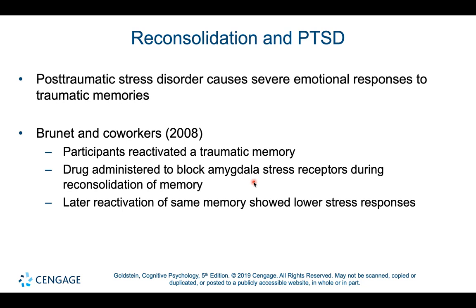Because what's happened is that we've reconsolidated the memory, right? We had the patient retrieve this severe emotional memory. And as they're retrieving that memory, we sort of remove the part of the brain, the amygdala, that controls this severe emotional response.